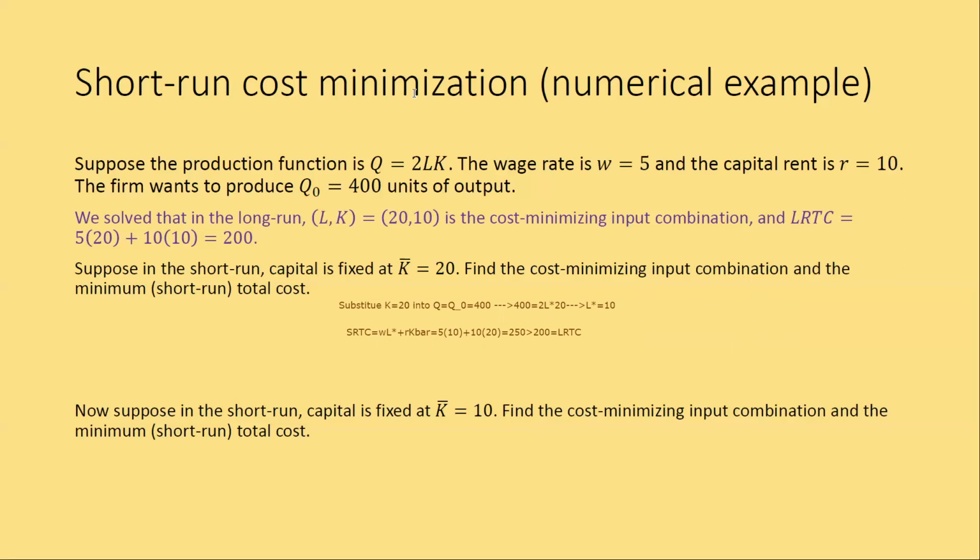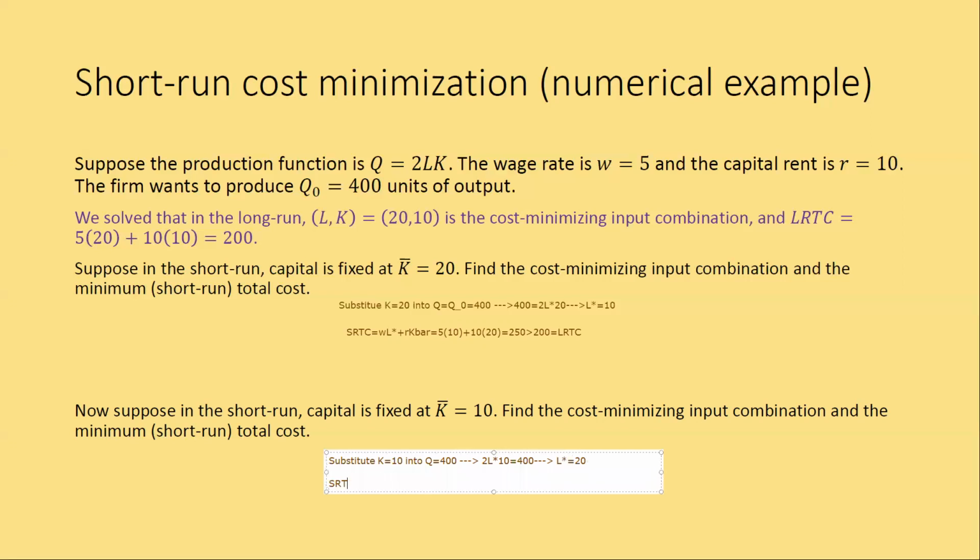Now, suppose the short run capital is fixed at a different amount. So instead of K bar equals 20, K bar equals 10. Then to find the short run input combination, we substitute K equals 10 into Q equals 400. This gives us 2 times L times 10 equals 400, or that L star equals 20.